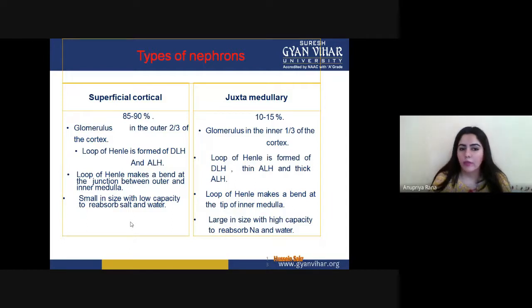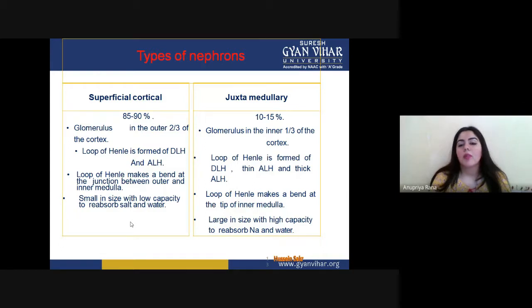The loop of Henle makes a bend at the junction between the outer and inner medulla. They are small in size with low capacity to reabsorb salt and water. Their size is small, so their capacity for absorption of salt and water is also reduced.